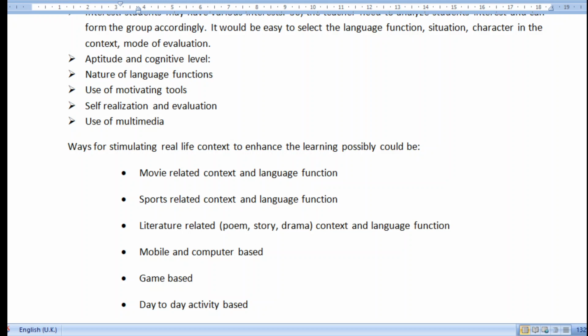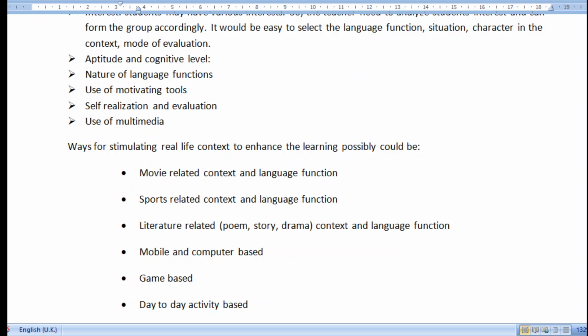Not only from the books, movie related, they can learn different things from the movie as well, because this is language learning, not fact learning especially. So movie related context and language functions: you can take certain video clips from the movie and use them in the class.